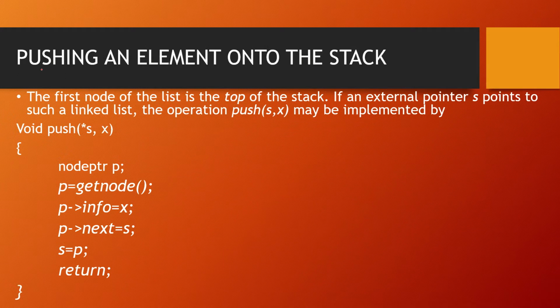Now we see the algorithm of pushing an element onto the stack when we have a linked list implementation of the stack. The first node of the linked list is the top of the stack. The first node is pointed to by the top of the stack. If an external pointer S points to such a linked list, the operation push(S, X) may be implemented as follows.